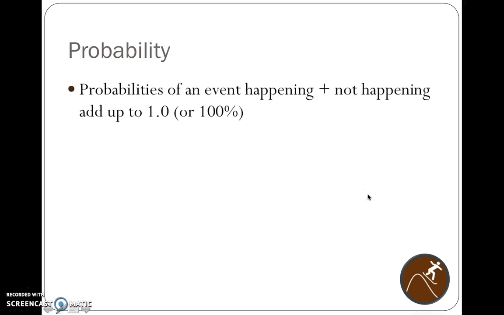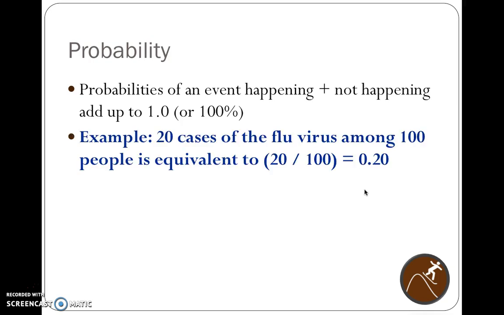Probabilities are often viewed in the sciences, when you're doing research, this way: the probability of an event happening plus the probability of it not happening should add up to 100%. So we want to try to capture every scenario. Out of those 20 people who had the flu out of 100, the probability of getting the flu was 20%, 0.20.